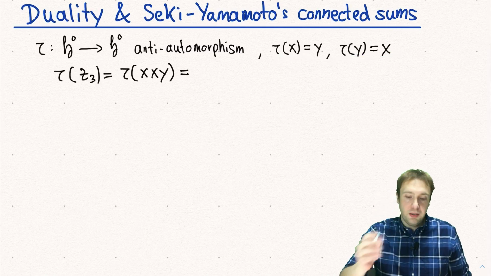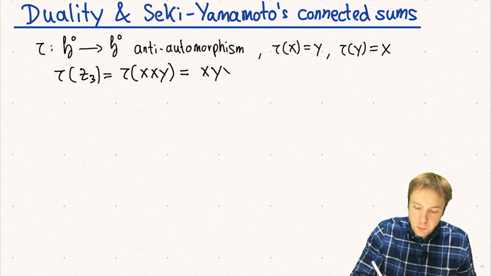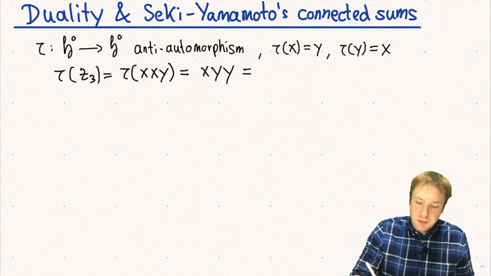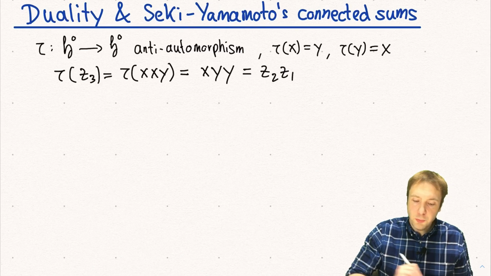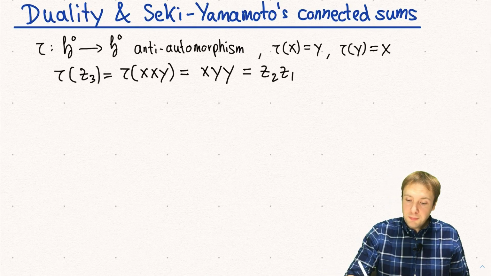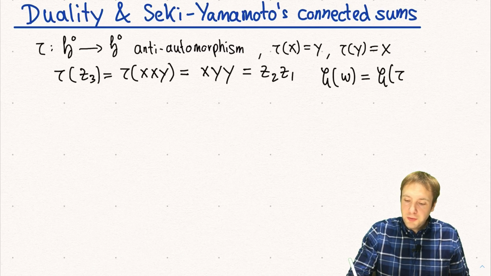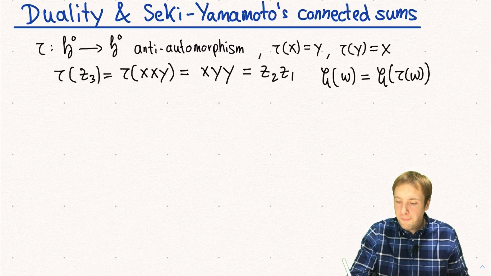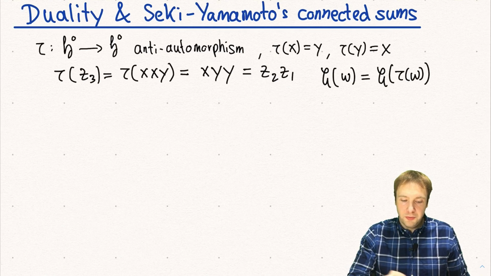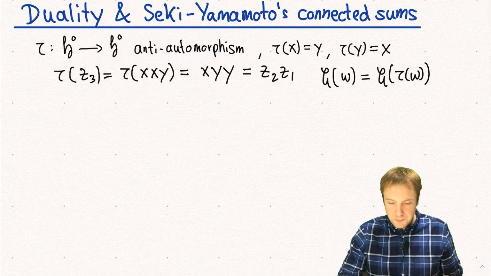So xxy becomes xyy, which, if you write it again in the z alphabet, is z2, z1. And then the statement of the duality relation was that the zeta map applied to some word equals zeta of tau of this word. Therefore this gives the relation that zeta 3 equals zeta 2, 1.